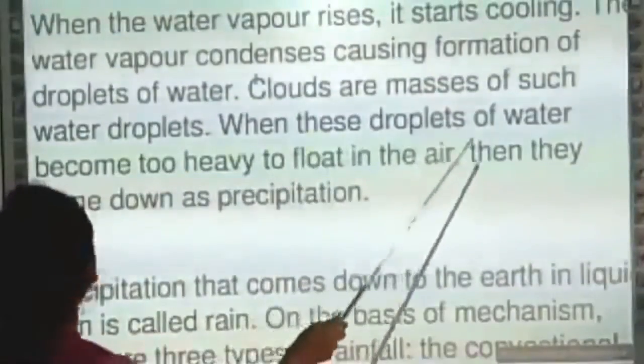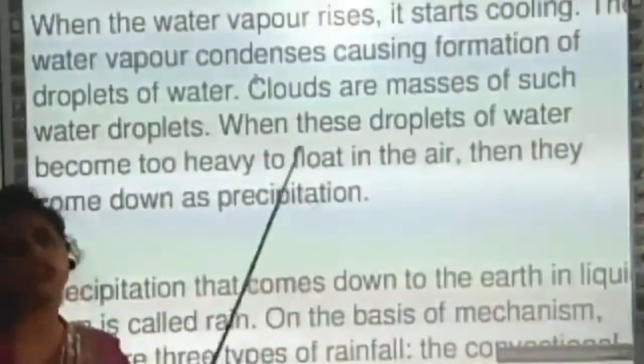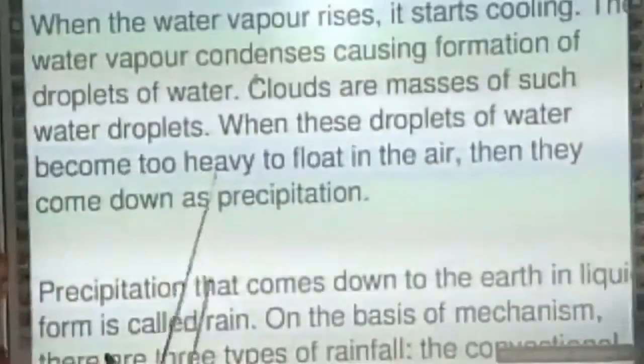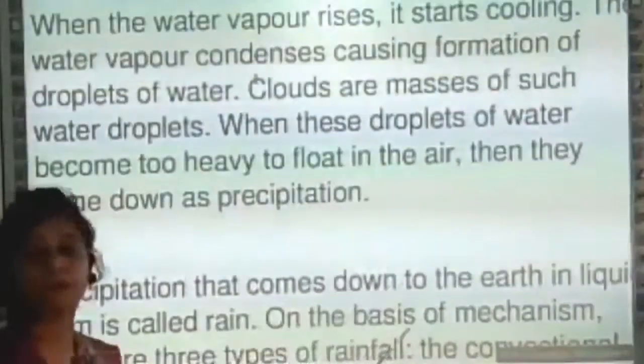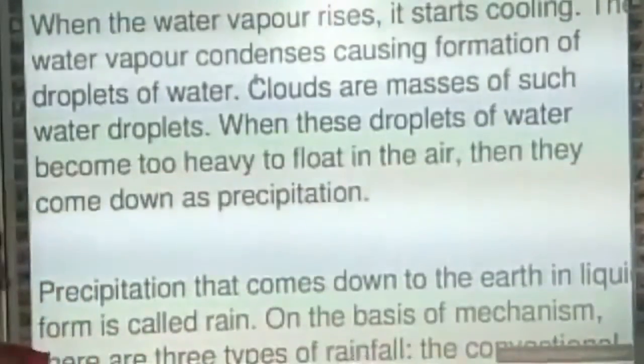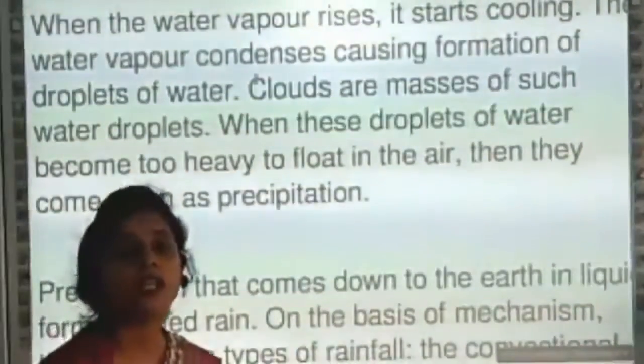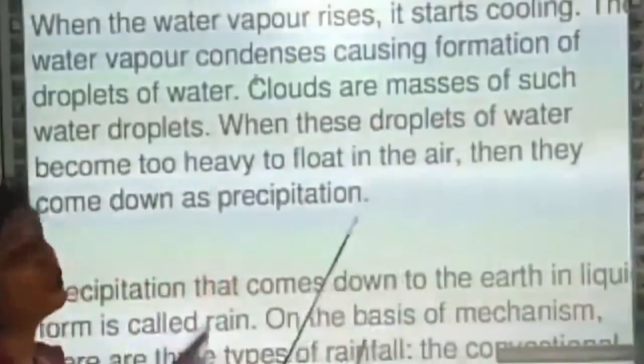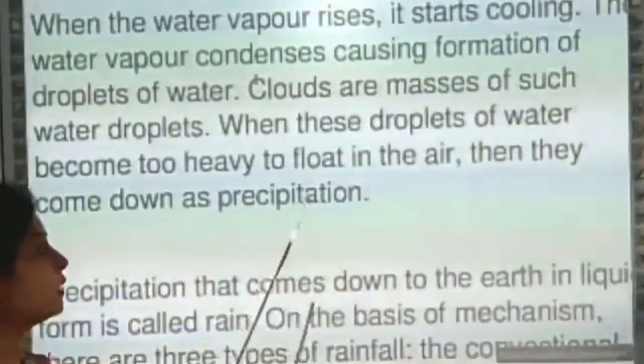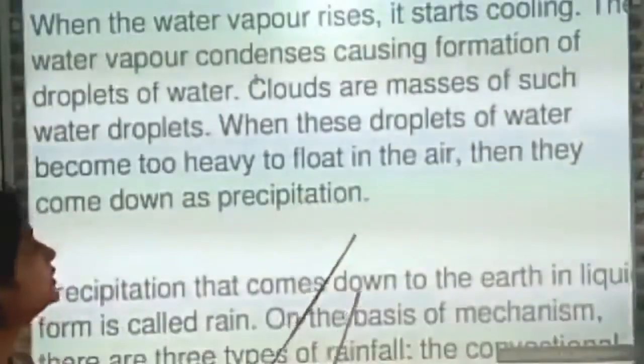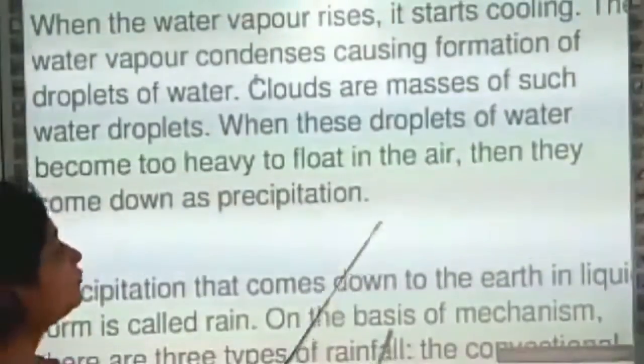When these droplets of water become too heavy and the clouds are not able to hold them, they become too heavy to float in the air. You know clouds float in the air, but when the water droplets make the clouds heavy, they can't float anymore.